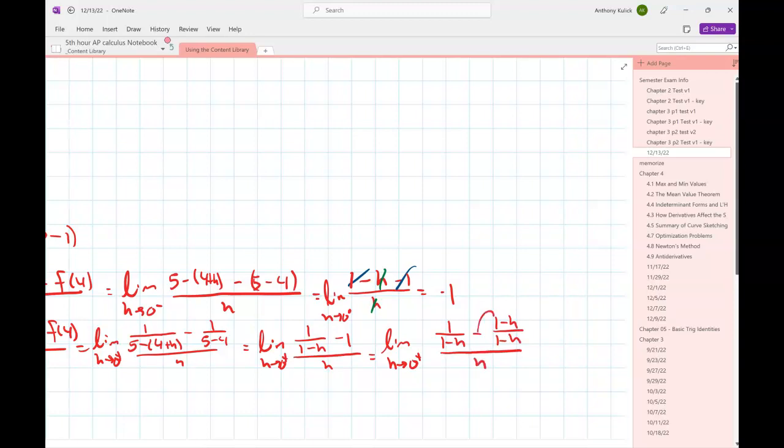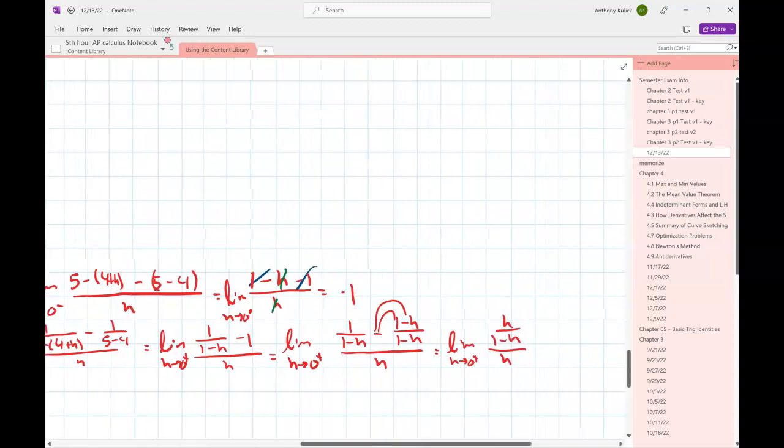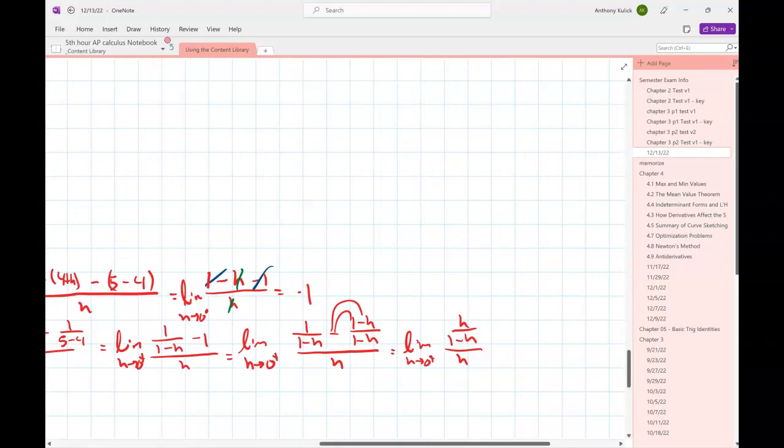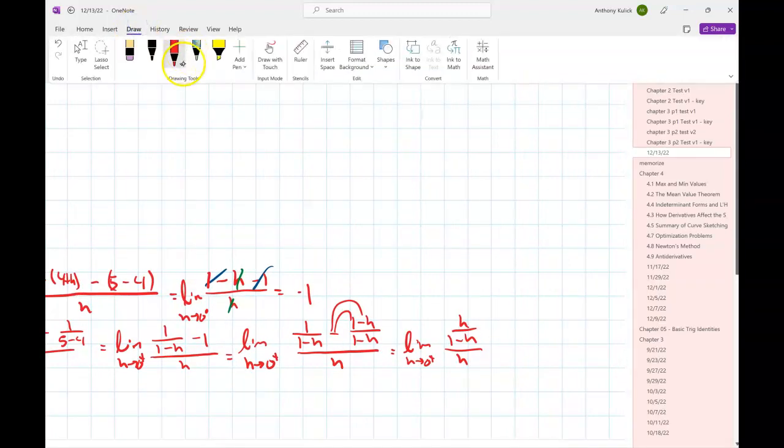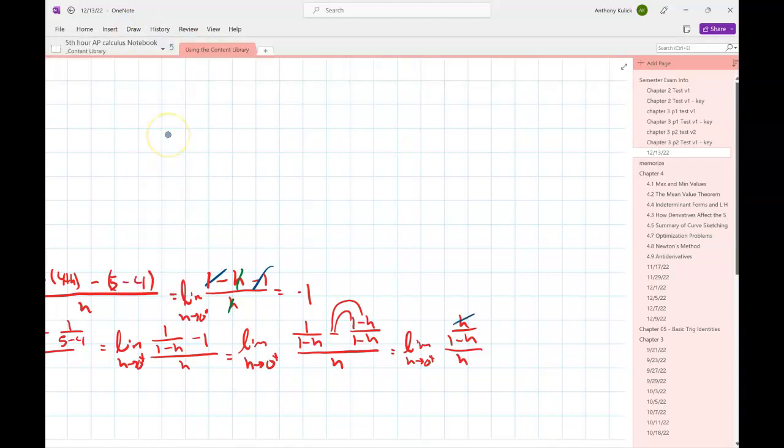So when I do that, the negative sign is going to distribute. So I'm going to end up with just h over the limit of h over 1 minus h over h, and that's going to just reduce.